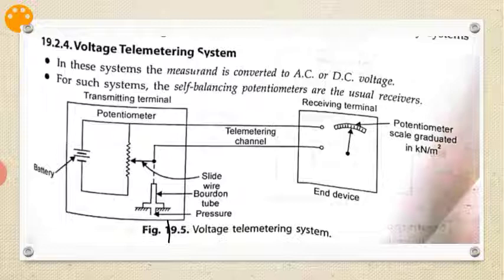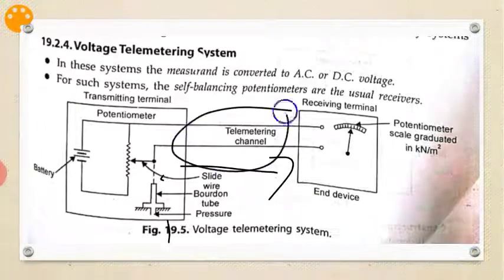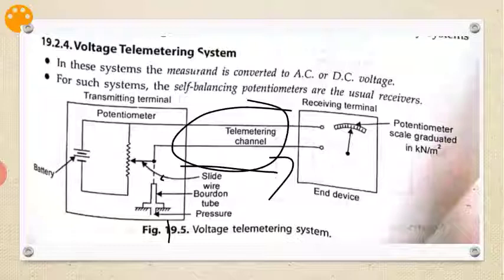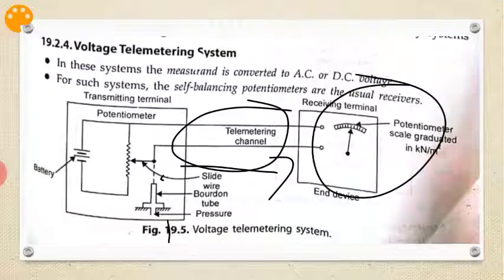Consequently, the voltage changes at the transmitting end. This voltage is carried by the telemetering channel to the receiving terminal, where it is measured with the help of a null balanced DC potentiometer indicator calibrated in terms of a pressure scale, or recorded if required.